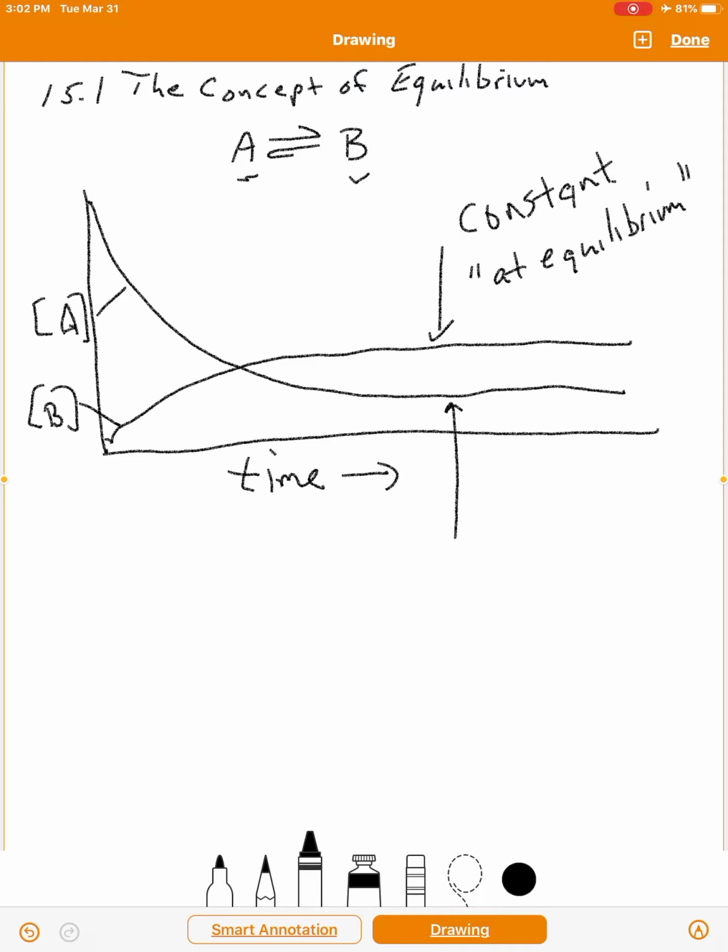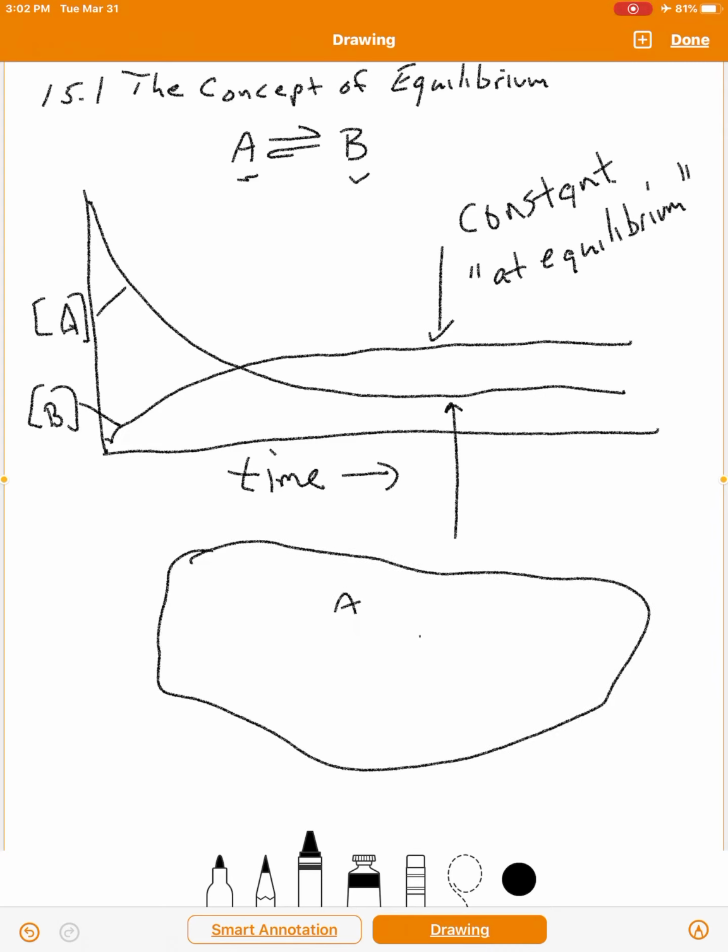Okay? Now the reason that equilibrium occurs at the molecular level is that when you have a mixture of reactants and products, and both are capable of being converted into the other, what happens is this A might collide with another A and get converted into a B. So it's no longer an A, it's now a B. But this B might collide with this other B and get converted into an A. So both processes are occurring simultaneously.